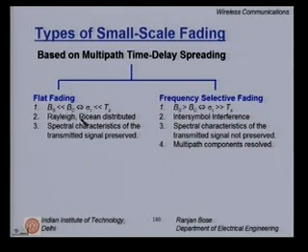So, please note, we are trying to distinguish the effects caused by flat fading channel and frequency selective fading channel. Again, both these are coming from the time dispersiveness of the channel, that is multipath time delay spreading.